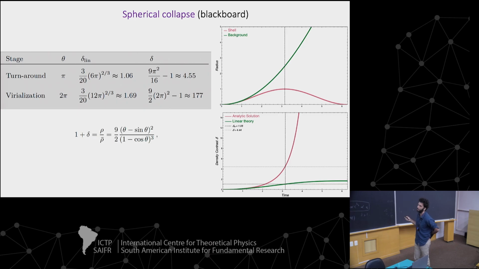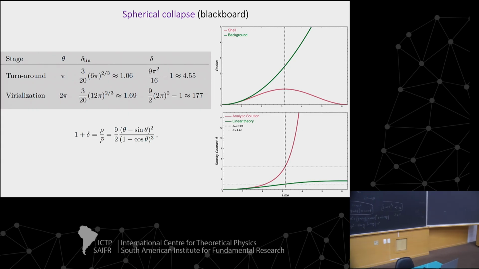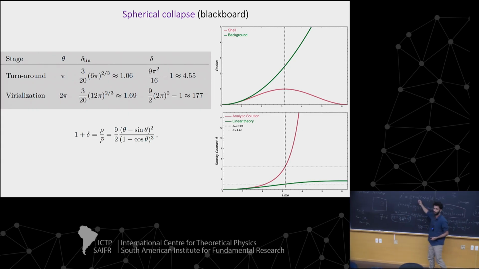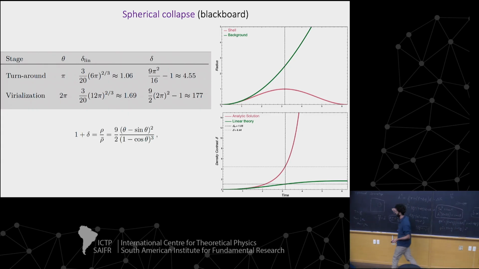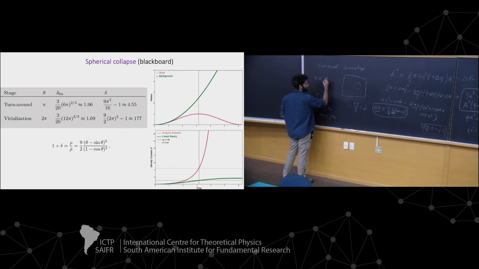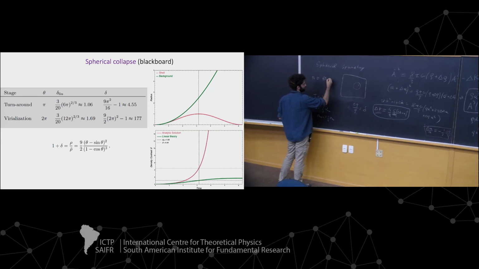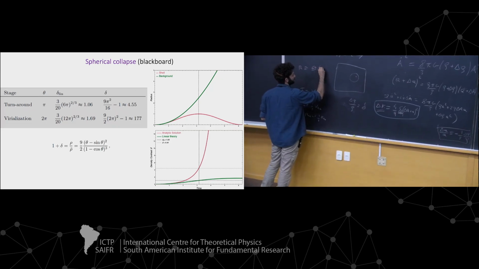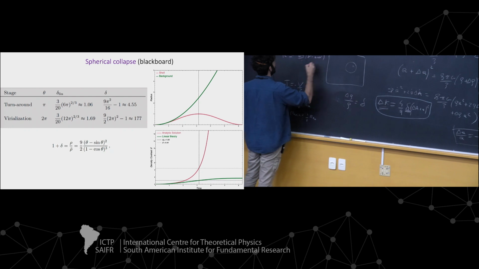Theta. So pi, the solution of this system of equations, the closed Friedmann-Robertson-Walker, is given in parametric form. So you have an R, which is some constant that depends on the total mass. I don't remember which factor is here. Theta minus sin theta, and then you have t.